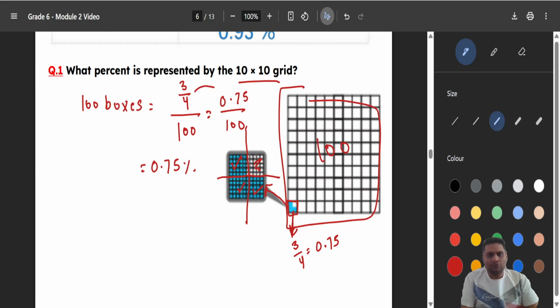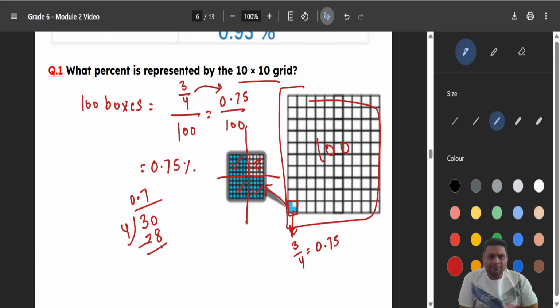Okay, how did I get this? How did I change the 3 over 4 into 0.75? I simply did division. Check please. Inside I need a bigger number, but 3 is smaller than 4, I cannot divide. So I will put a decimal in the answer, the quotient. The decimal gives you the power to put a 0 here. Now we don't have 30 in the table of 4. So which number is close to 30 in the table of 4? 28. 4 times 7 is 28.